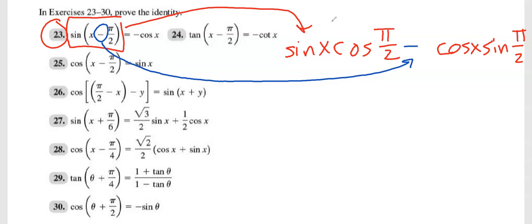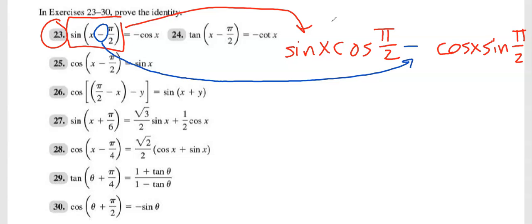So what's the sine of pi over 2? And that negative doesn't disappear. Sine is the y value, and it's the top of the circle. So where's your pi over 2? The top of the circle, right? The very top.